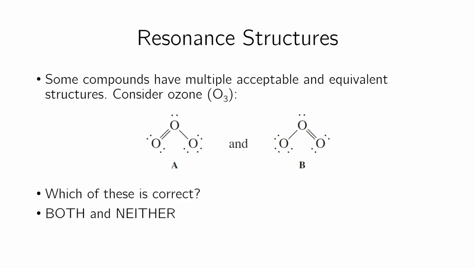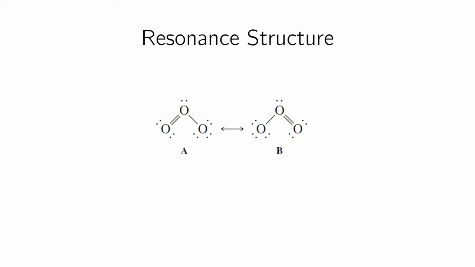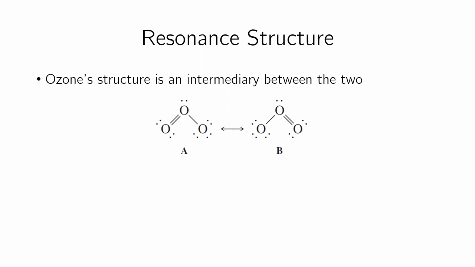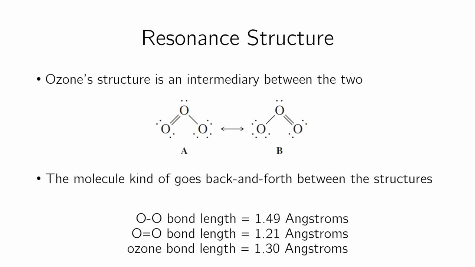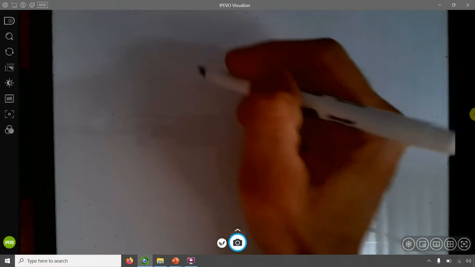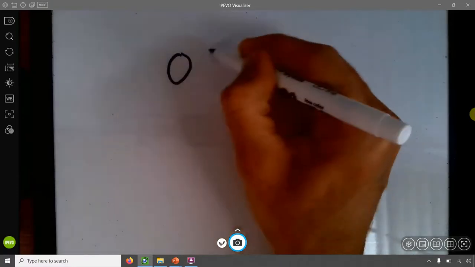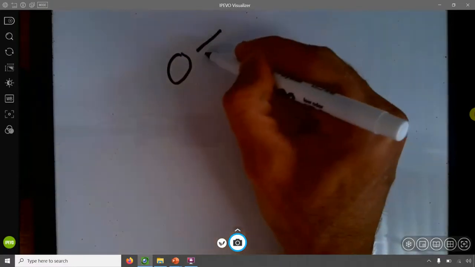So the answer is kind of both and kind of neither. And this is where resonance comes in. What we say is that it looks like an amalgamation of both. So the ozone structure is somewhere in the middle, and the way we draw it in chemistry, you could draw it like this.